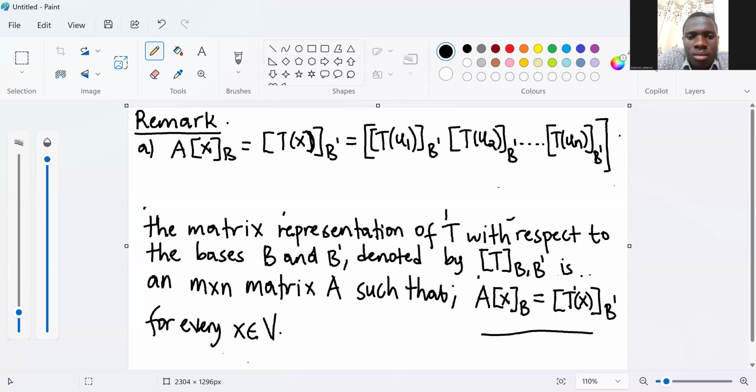Those are going to be column vectors, and we are going to see how they can be determined.